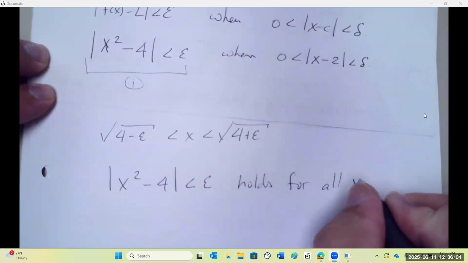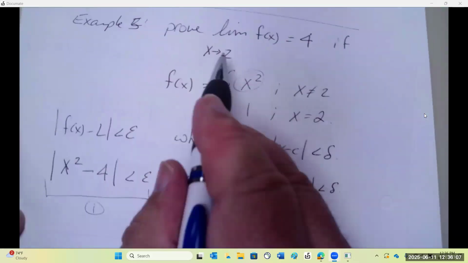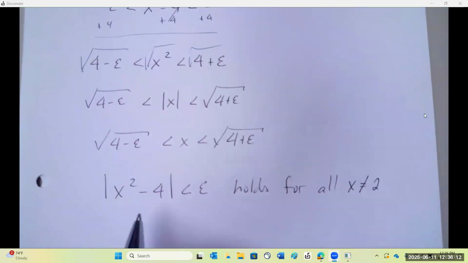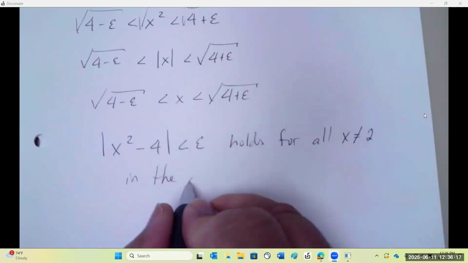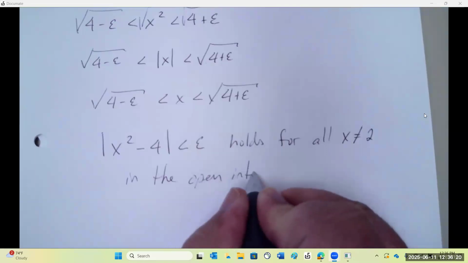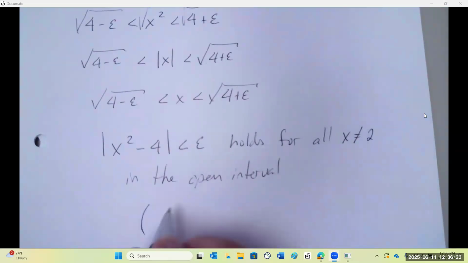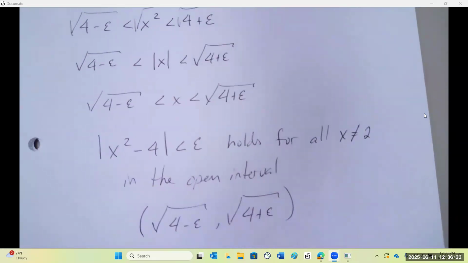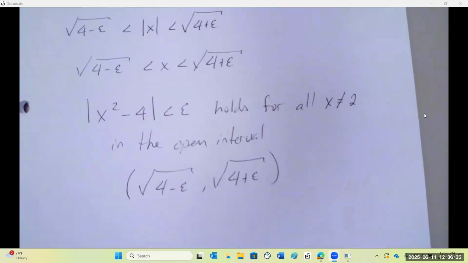This holds for all x not equal to our value 2 in the open interval from the square root of 4 minus epsilon to the square root of 4 plus epsilon. That's step 1. We found the interval that we're looking for in step 1.